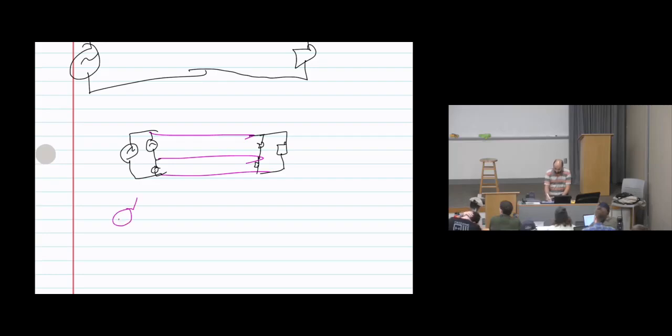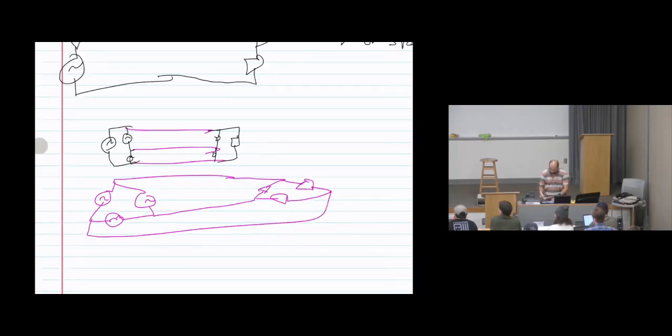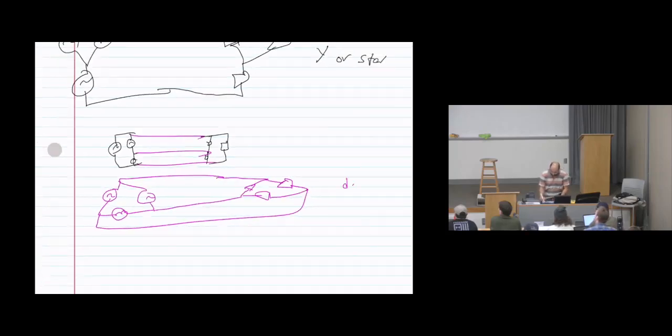We can write it this way, like a delta shape. So this shape is called delta, or in other words, delta connection.